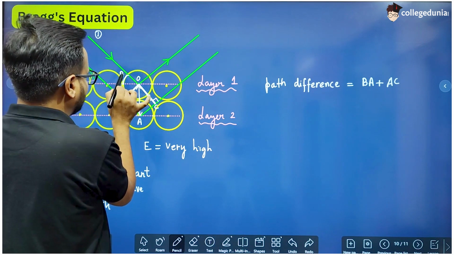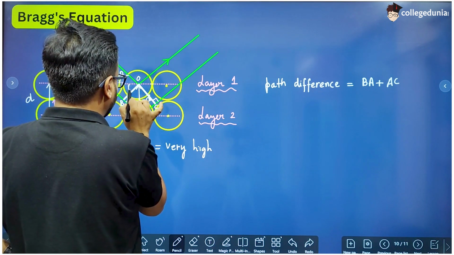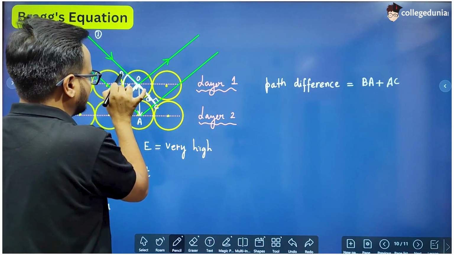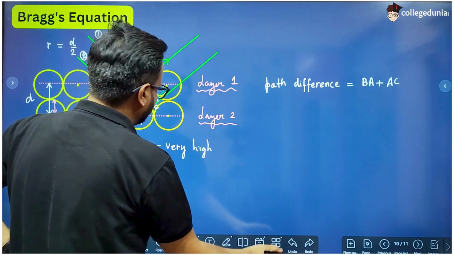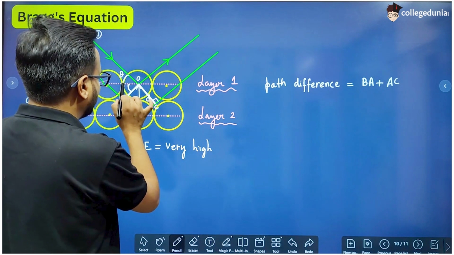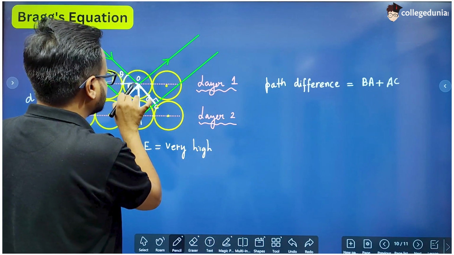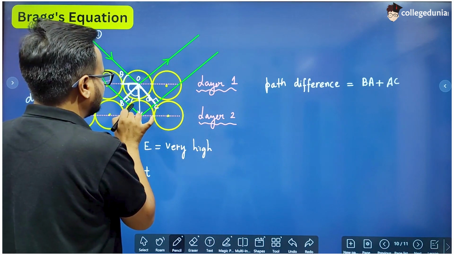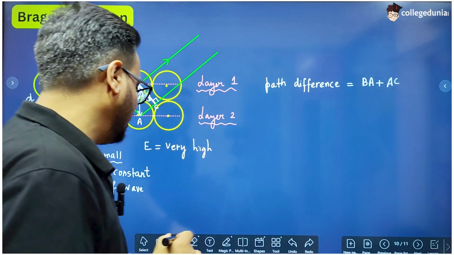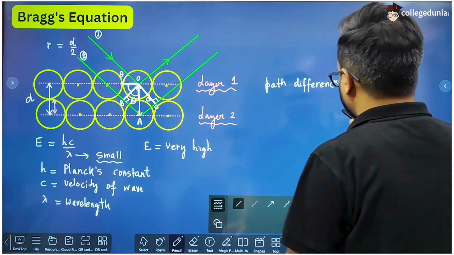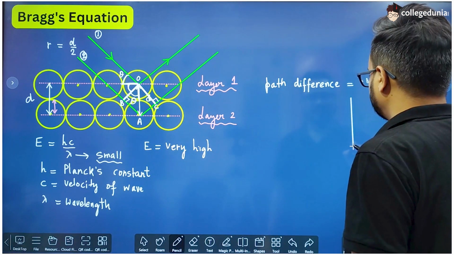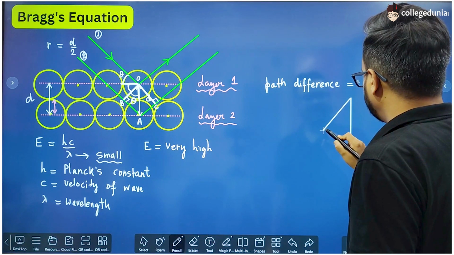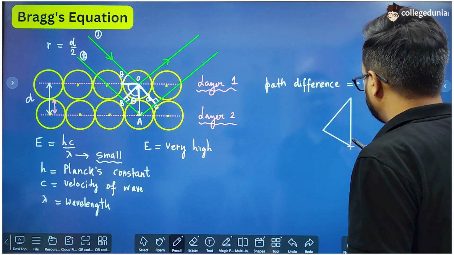Now let us take a close look. If this angle is theta, so this angle is what? This whole is 90 degree, right? So if this angle is theta, this angle is 90 minus theta, and this whole is also 90 degree. So if this angle is 90 minus theta, then this angle is theta. So if I draw this triangle here, this is OA and this is OB, and this angle is 90 degree, right?